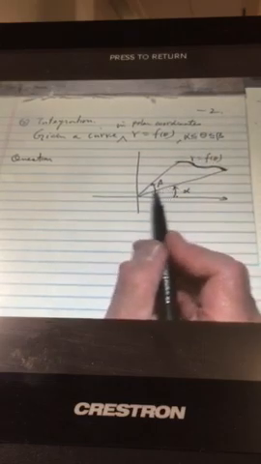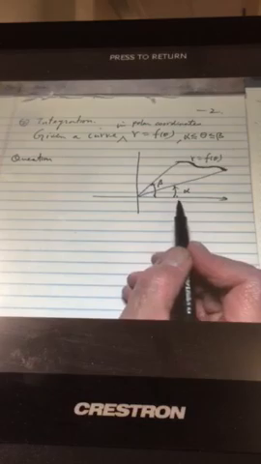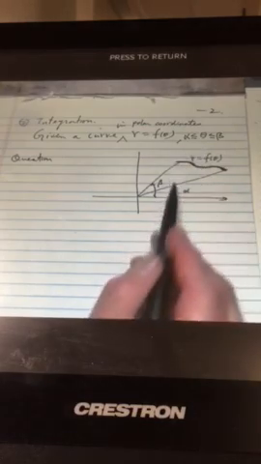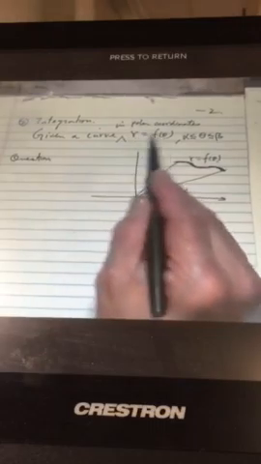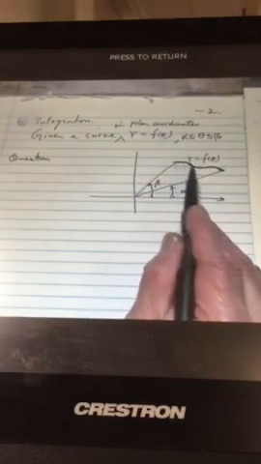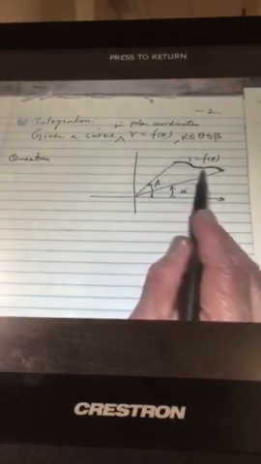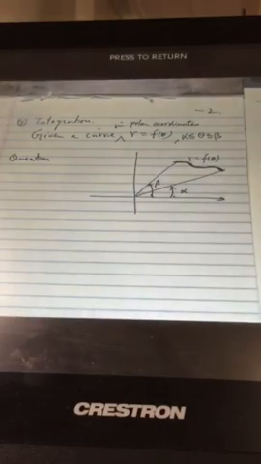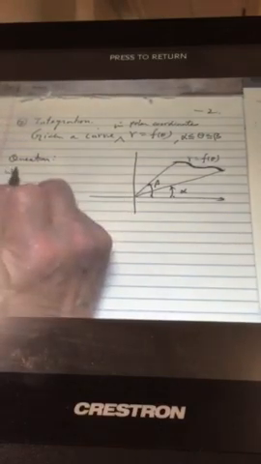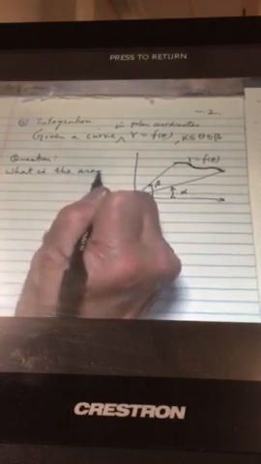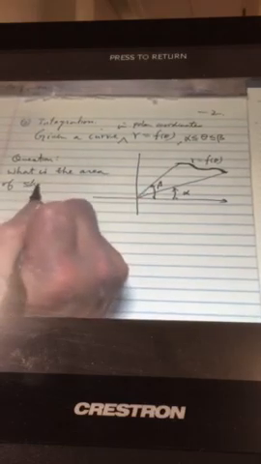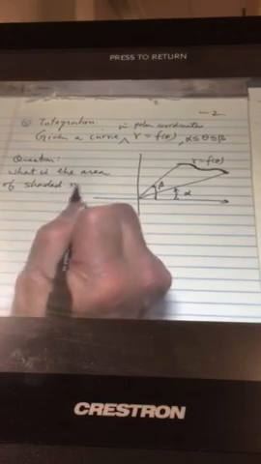The angle theta is at least alpha, at most beta. So this curve is this piece. The question is, what is the area of the shaded region?